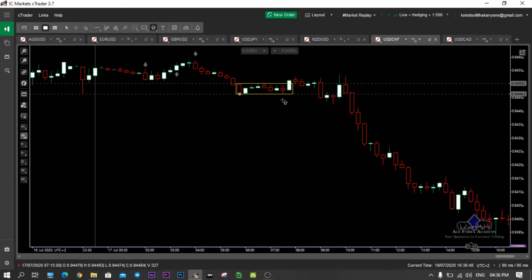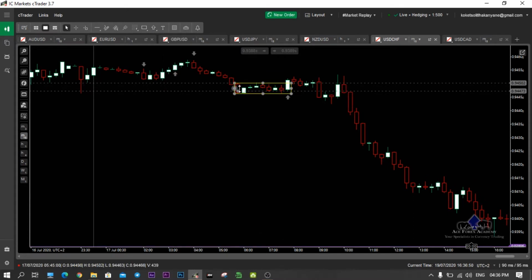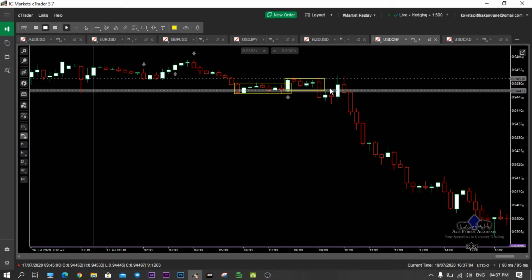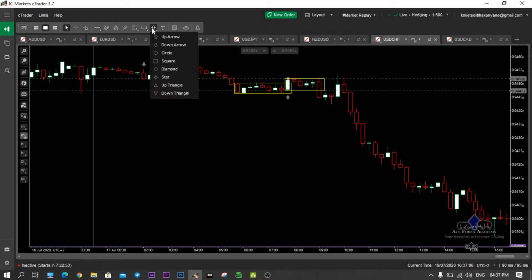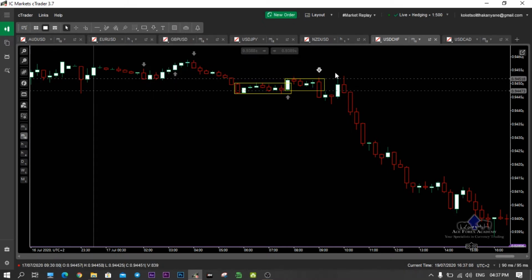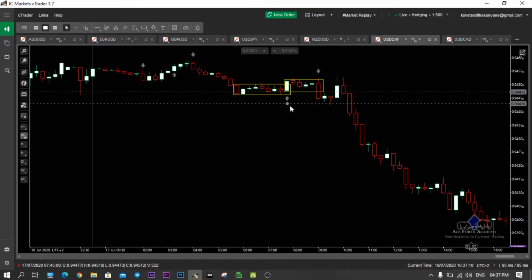Following this period of consolidation, the bulls kicked in and pushed price higher. Then they gave us another period of consolidation, where they ultimately lost the battle and the bears kicked in and pushed price to the downside.